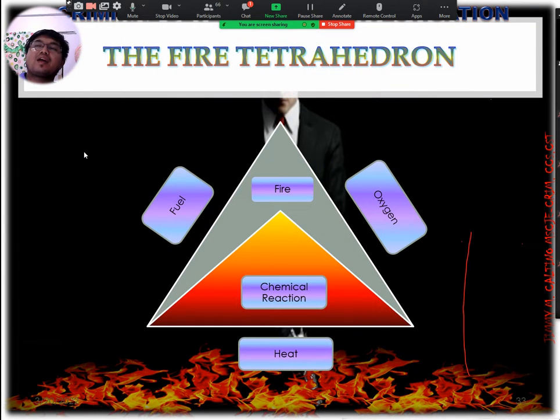That's why here comes now your fire tetrahedron. Okay? There must be a chemical reaction so that there will be fire. Makikita mo dyan, if you can see the presentation, it shows here fuel, the oxygen, and then the heat.